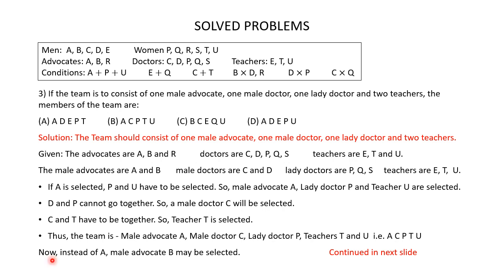Now, instead of A, male advocate B may be selected. Now let's see what will be the team if male advocate B is selected.